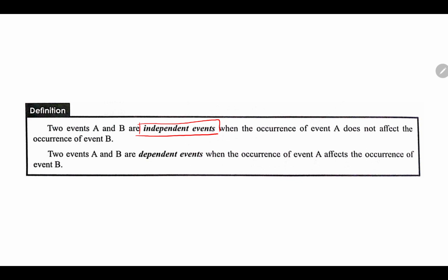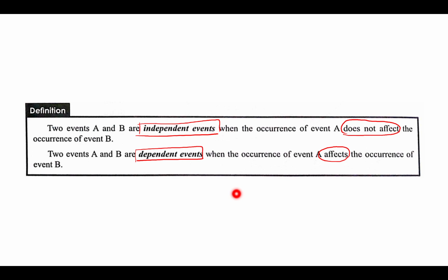When the occurrence of event A does not affect the occurrence of event B. Meaning, event A is independent of event B. Whereas two events A and B are dependent events when the occurrence of event A affects the occurrence of event B. So again, when we say independent, event A does not affect event B. When we say dependent, event A affects event B.